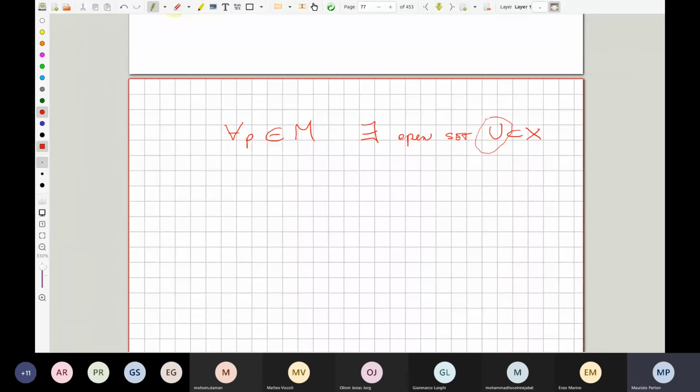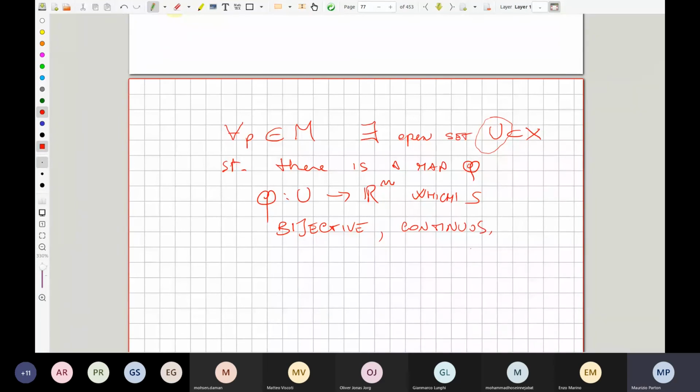It looks like means that there is a map, let's say phi, from U to R^n, which is bijective, of course, at least there must be a one-to-one correspondence, continuous, and since it is bijective, there is an inverse.